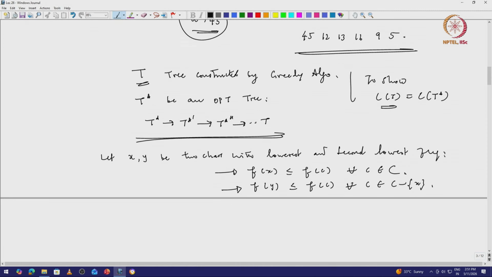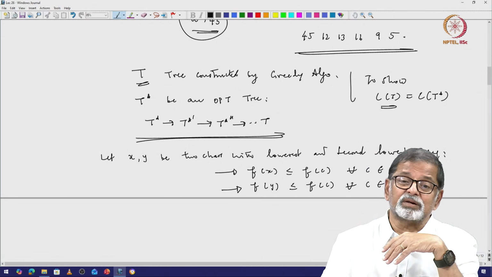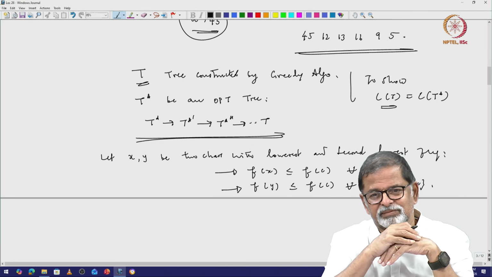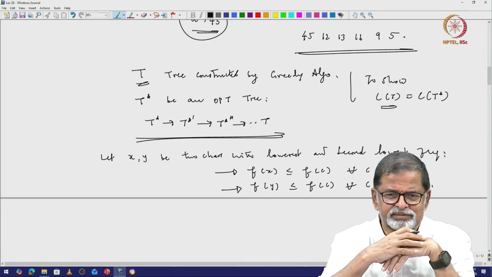What we want to show is that they occur together and they are at the lowest level. All characters are associated with leaves, but these are the ones at the lowest level, the ones with maximum depth.